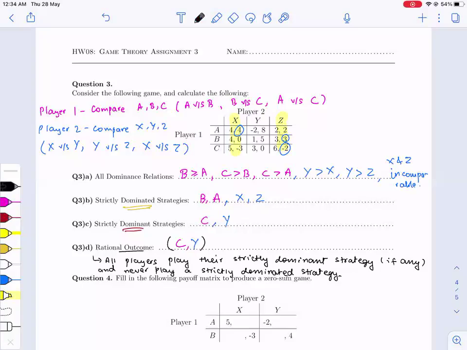Okay, so I want to make a note here. There could be a situation when one of the players does not have a strictly dominant strategy.